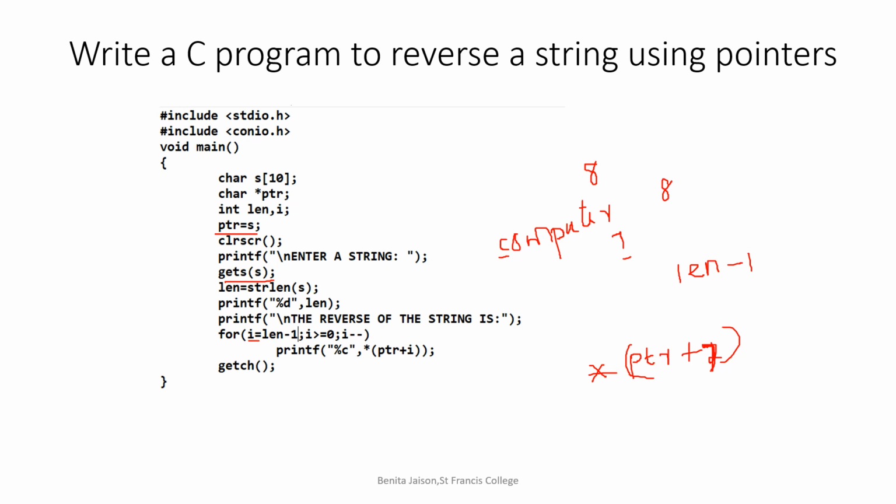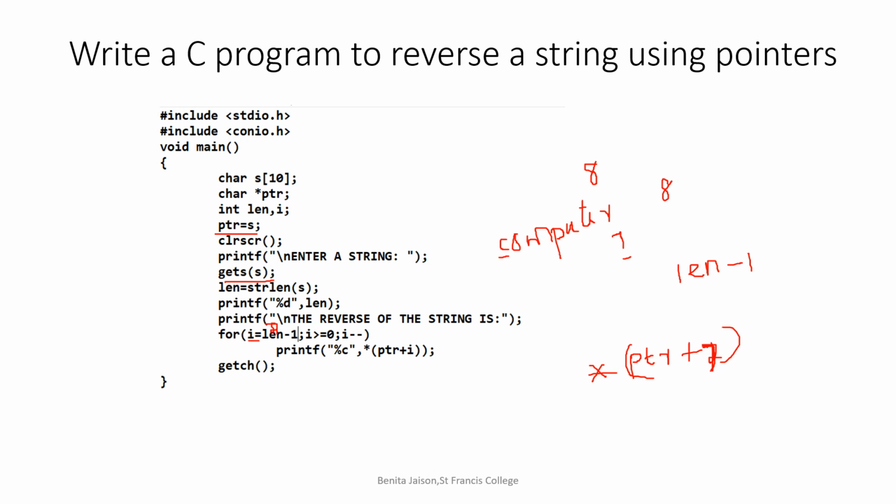What is in len? Len is 8, the total number of characters. We know that to get the index position, we should subtract 1 from the length. So it will be 7. So i is initialized with len minus 1, that is the length of the string minus 1, which is 7 in our case. So here the i variable is initialized to 7.